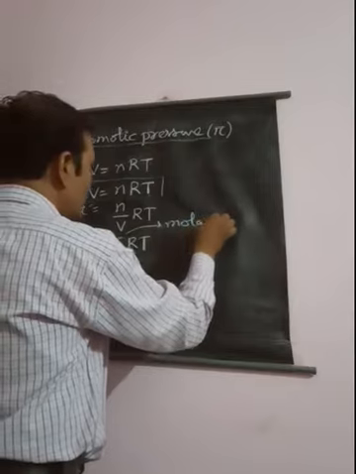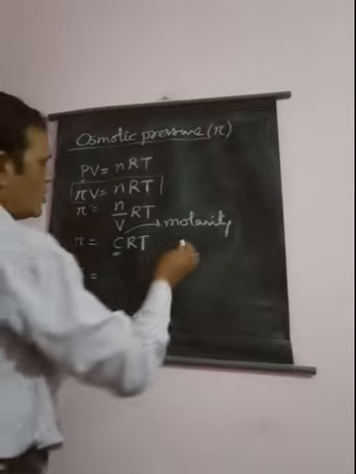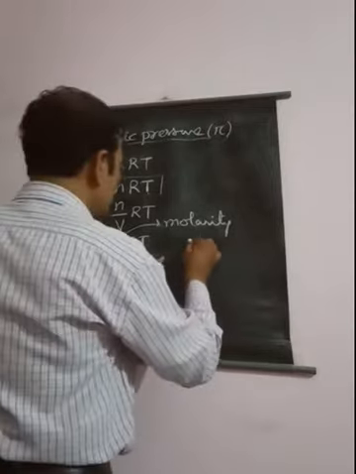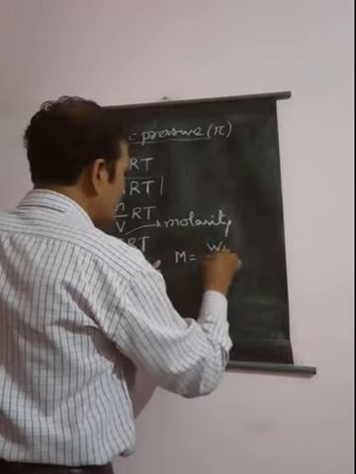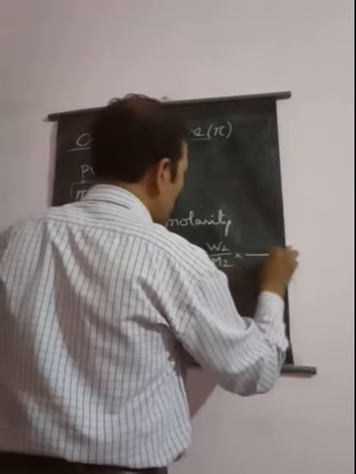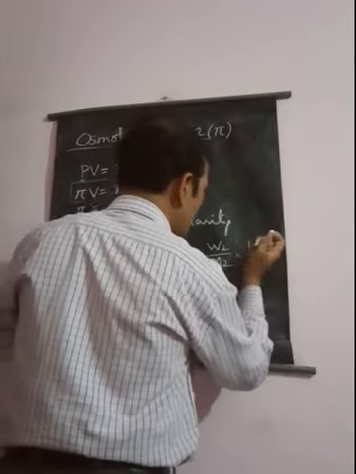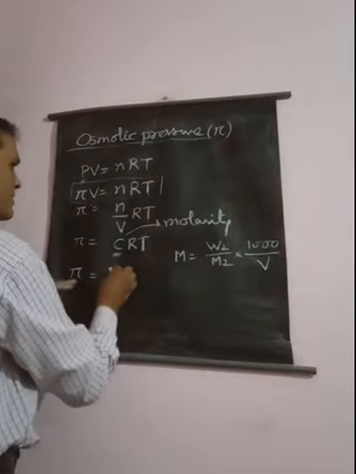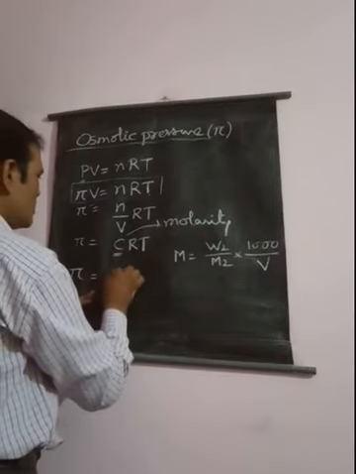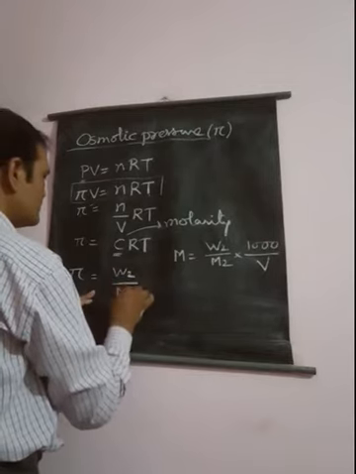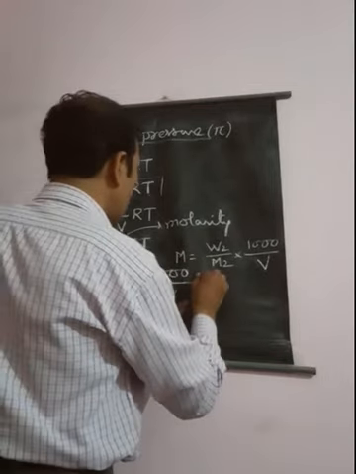Now the value of C or molarity can be found out as: molarity, capital M, will be equal to W2 upon M2 into 1000 divided by V. So in place of C we can write W2 upon M2 into 1000 upon V, into RT.